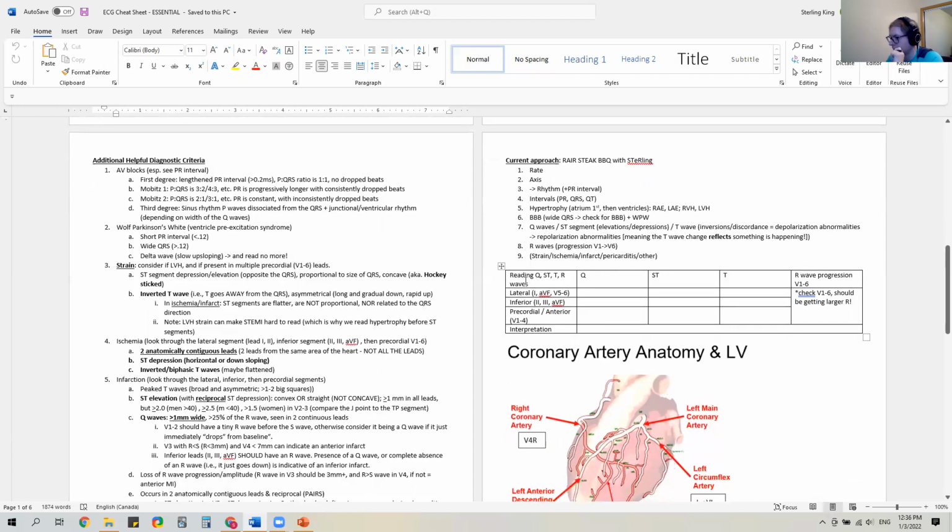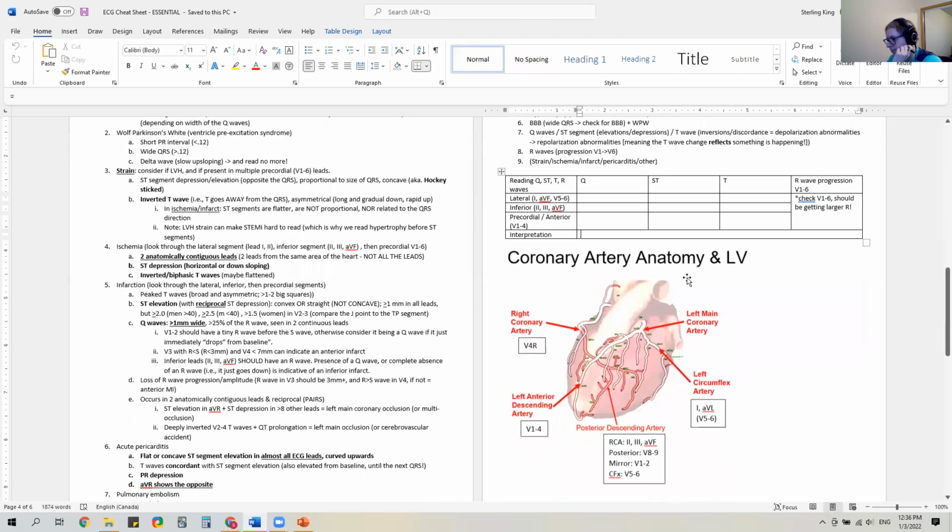This is the little table for reading Q, ST, T, and R waves, looking through the lateral, inferior, and anterior leads: I, aVL, V5, V6; II, III, aVF; precordial V1 through V4. The interpretation at the bottom is quite important. Checking V1 through V6, the R wave should be getting larger.